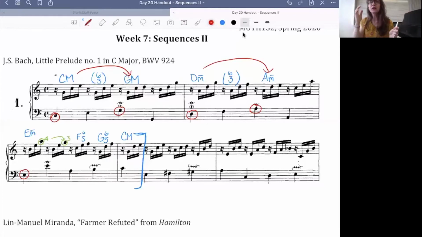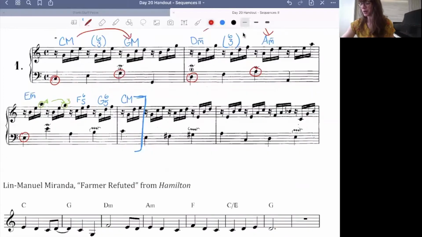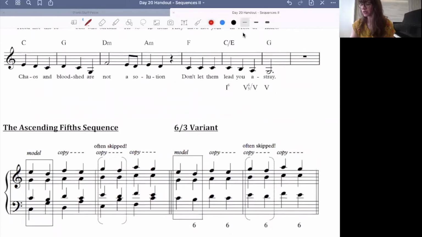Now, I want you to put yourself in C major for a second and spell a diatonic triad based on B. What quality do you get? Hopefully, your answer is diminished. If you scroll down to the bottom of this page of your handout, you can see that I actually bracketed off the third measure of this sequence, so the second copy, and notate that it's often skipped.